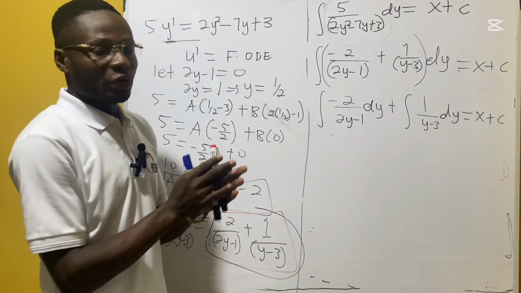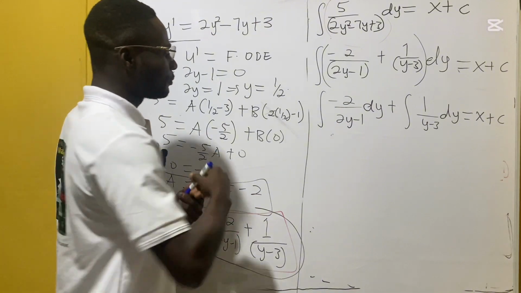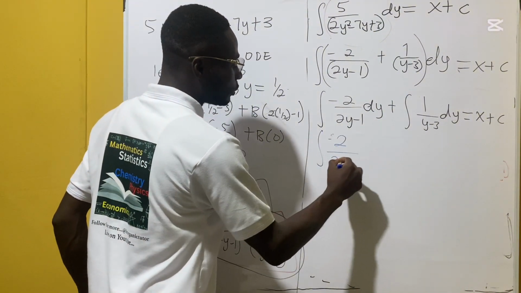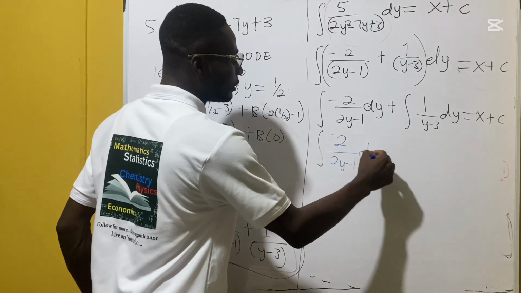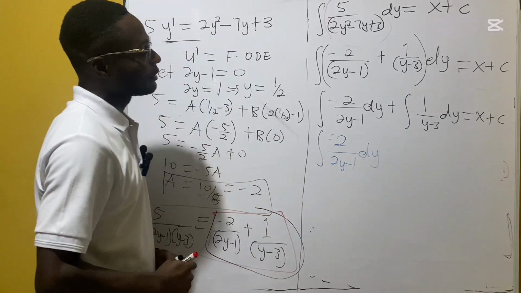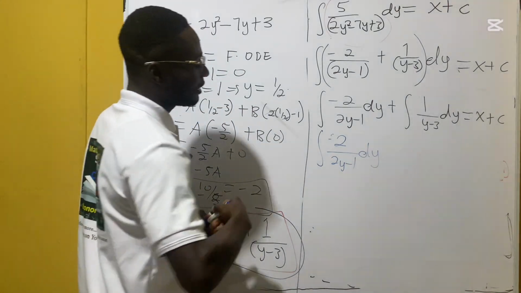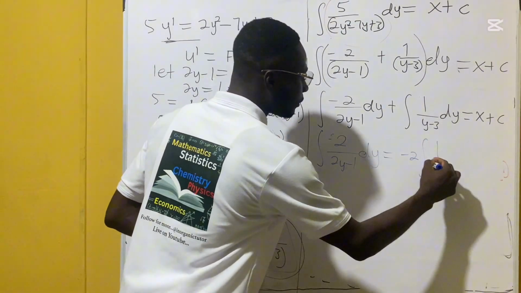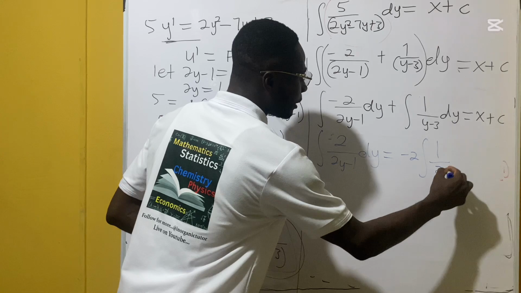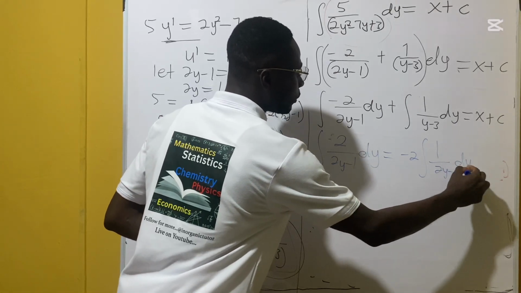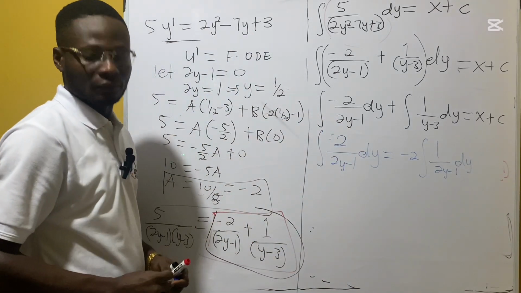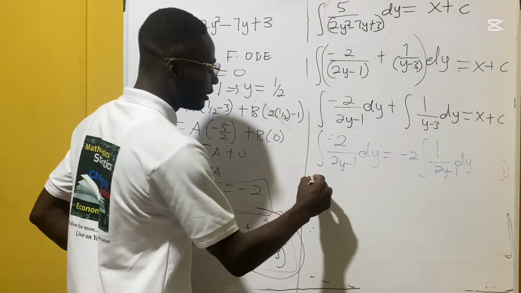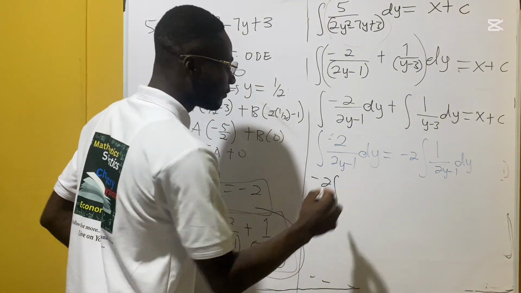After that, we combine all. So integrating negative 2 on 2y minus 1 dy, right? We can factorize the negative 2 out. So we have 1 on 2y minus 1 dy, right? So here we are going to have negative 2 integral of.